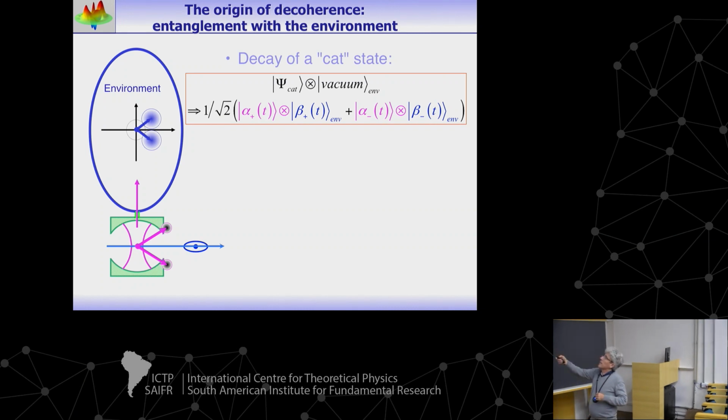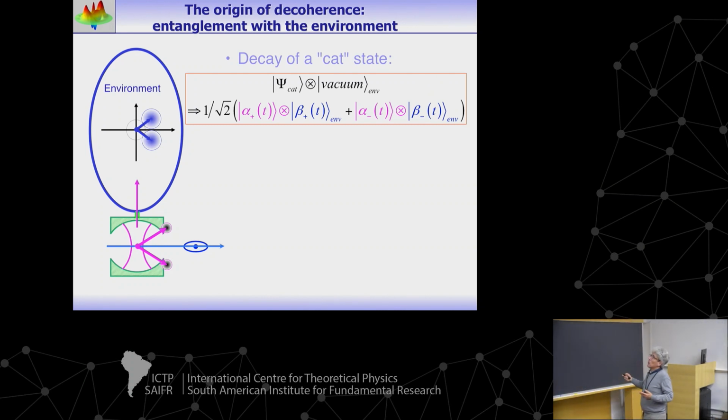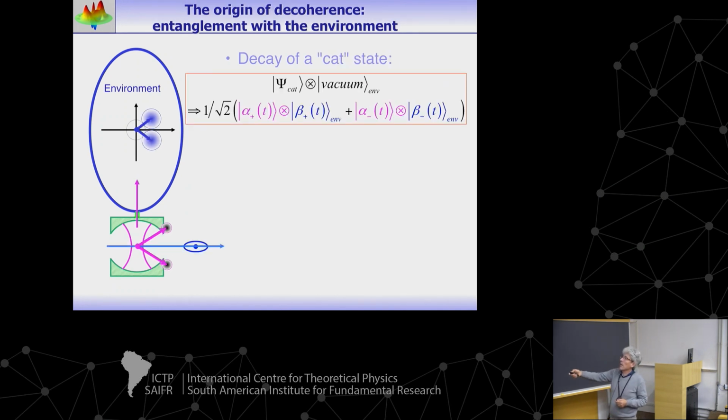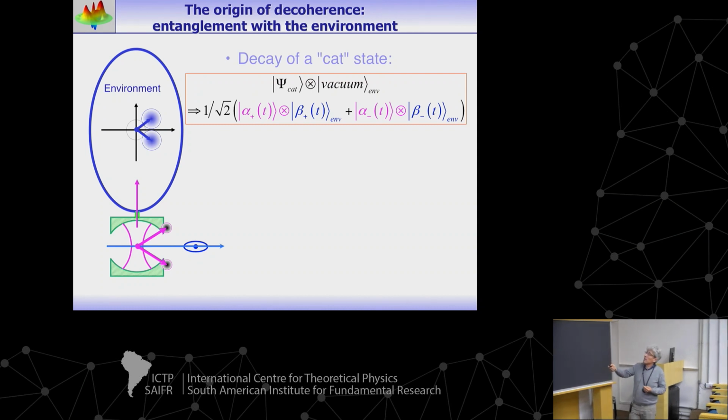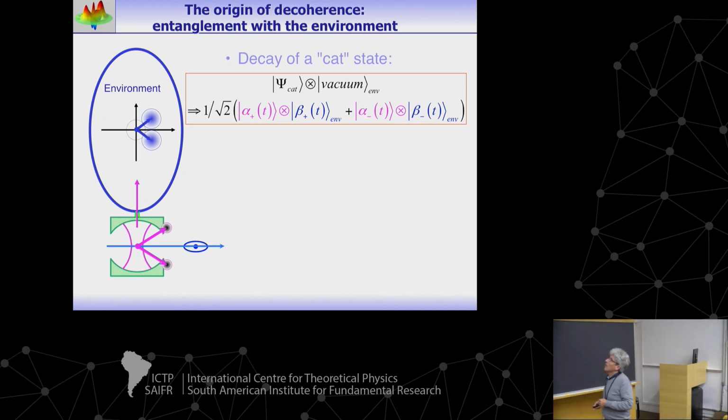So the cat state now is supposed to interact with the environment, which is again assumed to be initially in vacuum. And so the evolution is just a linear superposition of 2 of these evolutions, one with the state alpha plus and the other with the state alpha minus, because the cat state is assumed here to be a superposition of these 2 coherent states.